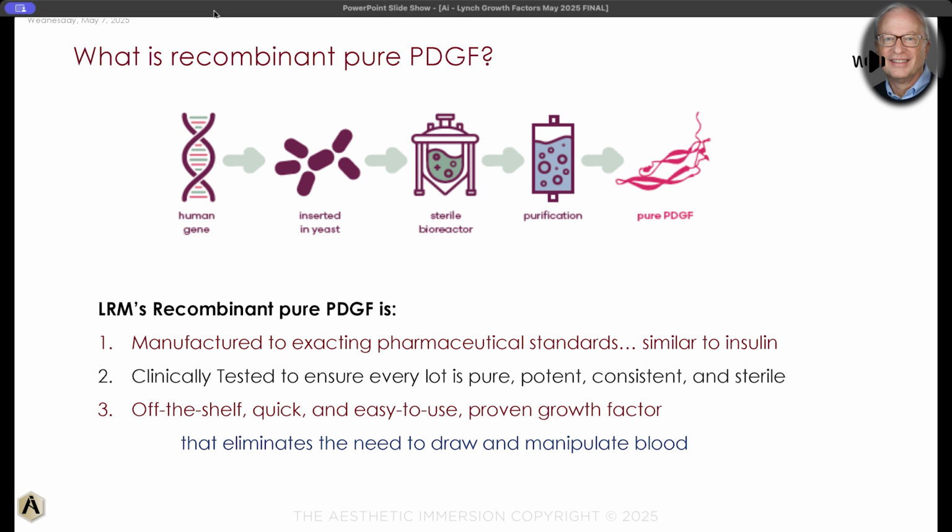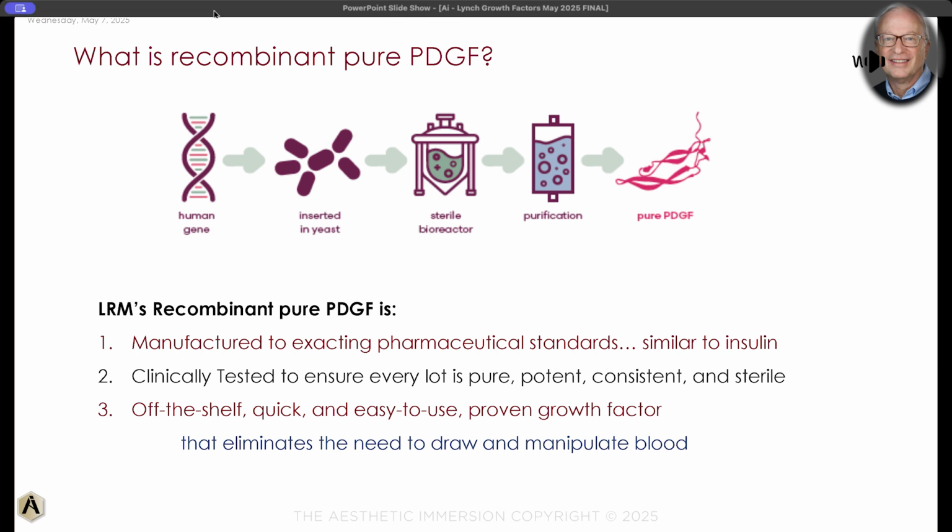But for the last 30 years, 100 million diabetics have taken recombinant insulin every day, and sometimes obviously multiple times a day. Recombinant insulin is made using exactly these same techniques. So this is not scary.